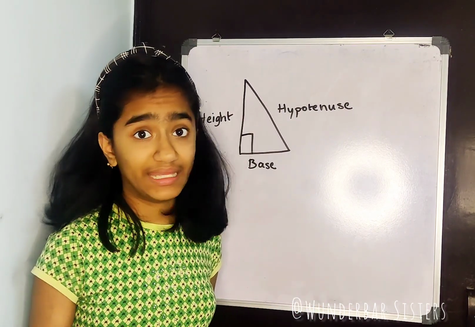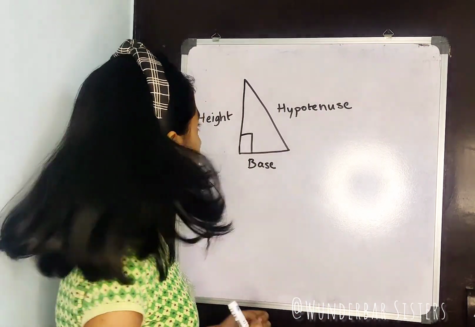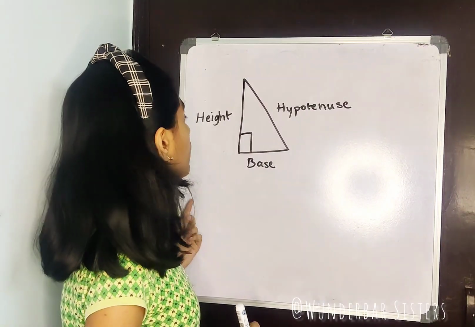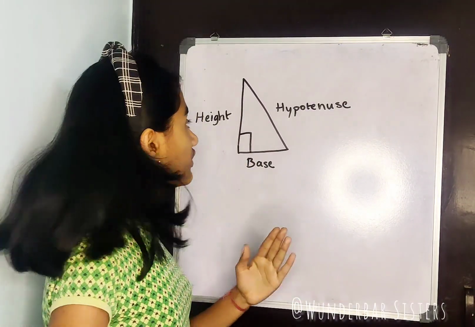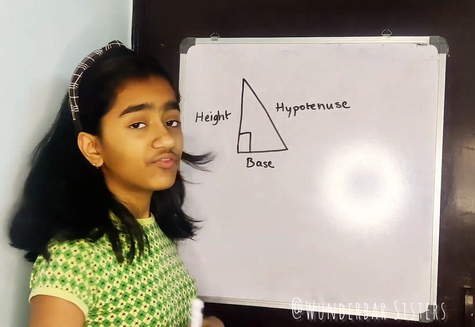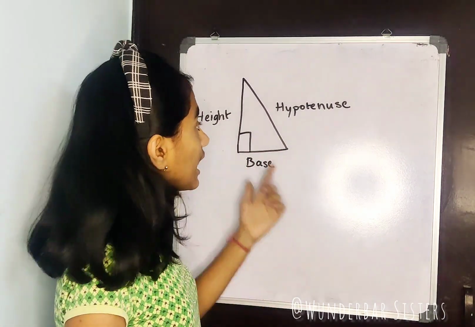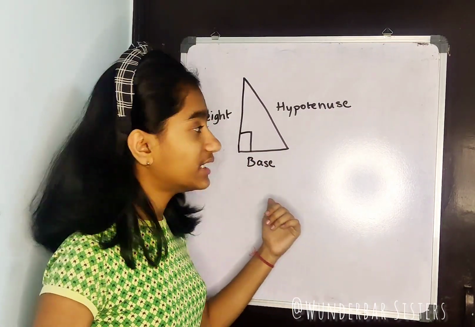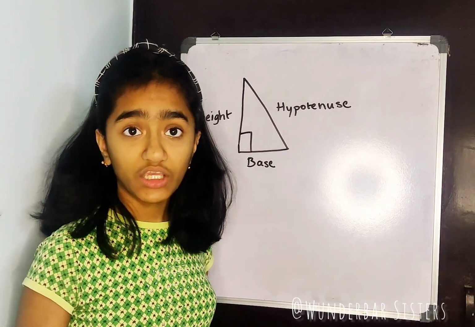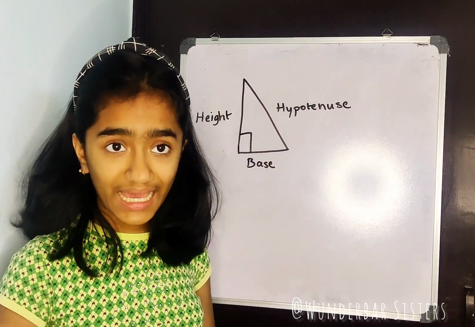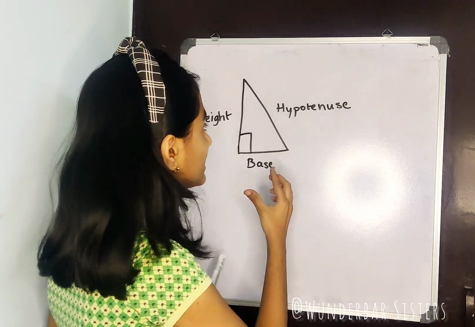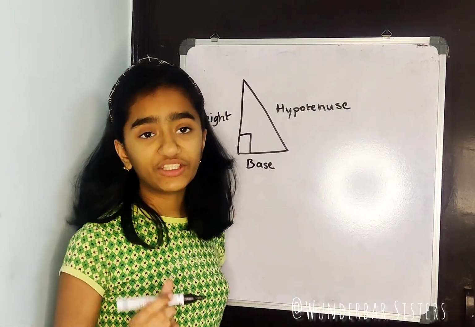For example, in many exams, a question can come: find the height of the following figure where the hypotenuse and the base are given. Another question can come: find the hypotenuse of this triangle in which the height and the base are given. Using the Pythagoras theorem, we can easily find out the measurement.